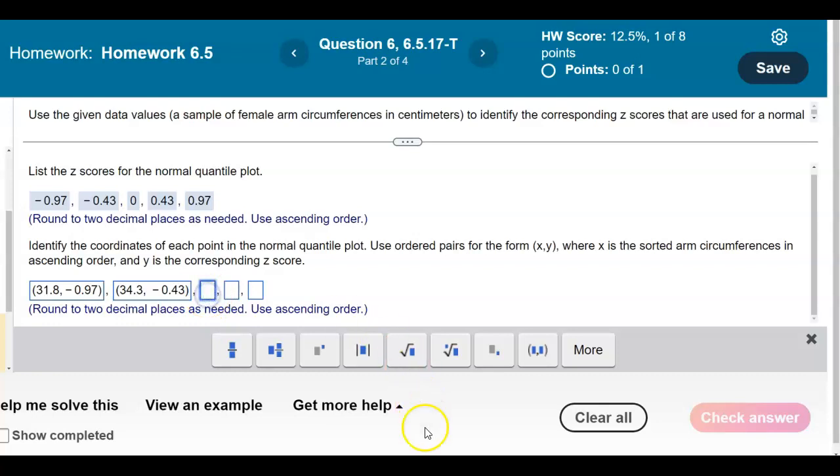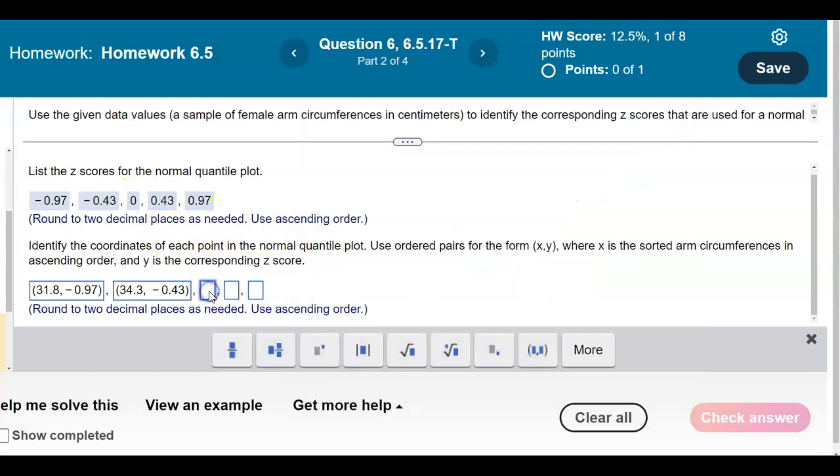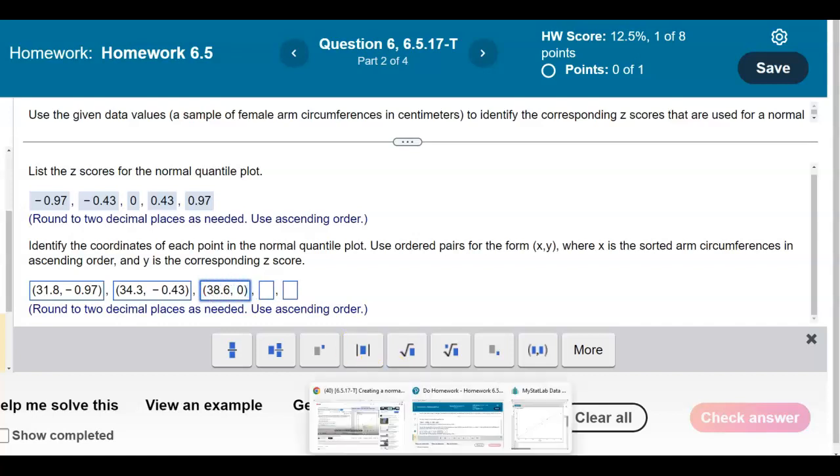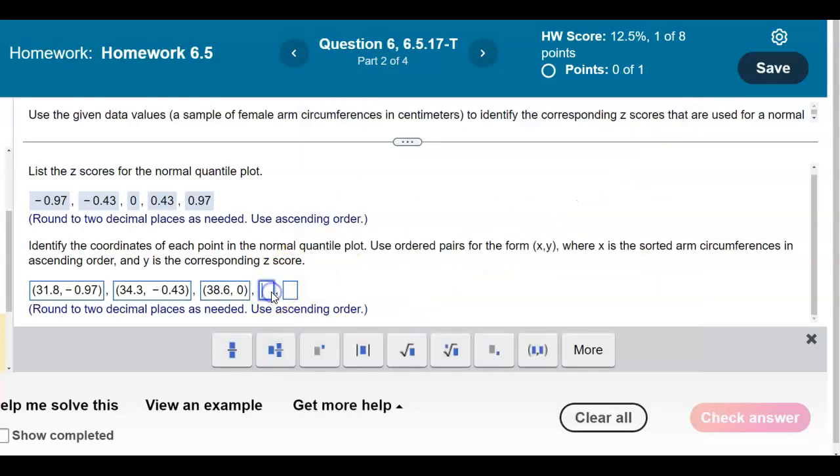Next, let's take a look at the next ordered pair. The x value is 38.6 and has a z-score of 0. So we have (38.6, 0). The next ordered pair has an x value of 40.1 and the z-score is 0.43, so we have (40.1, 0.43).